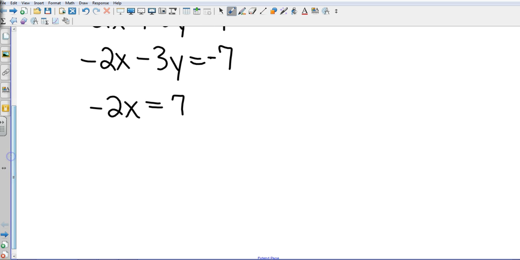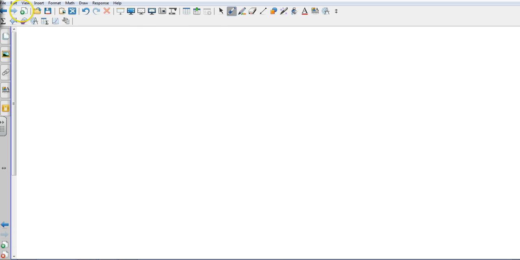Maybe they just have a y value. But as long as they have an x and a y, or one or the other, and set equal to a number on the other side, then those are linear equations. And so the first way that we're going to graph them is we're going to make a table. So let's go to the next example.